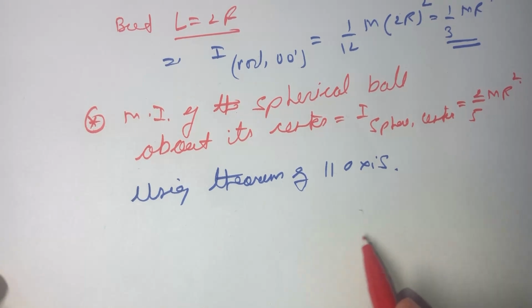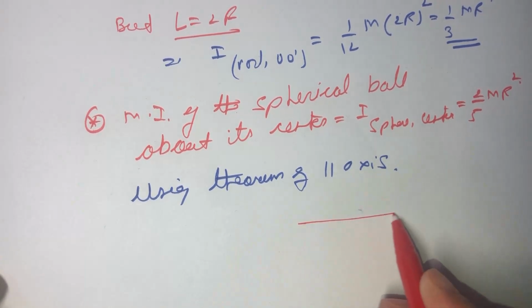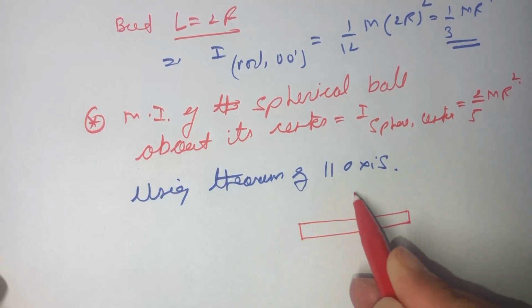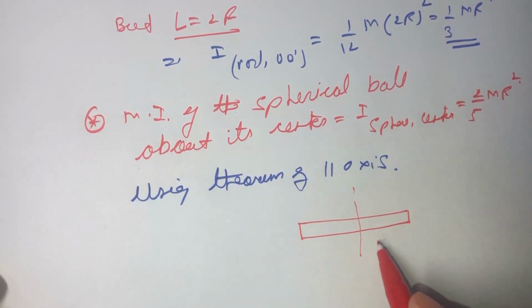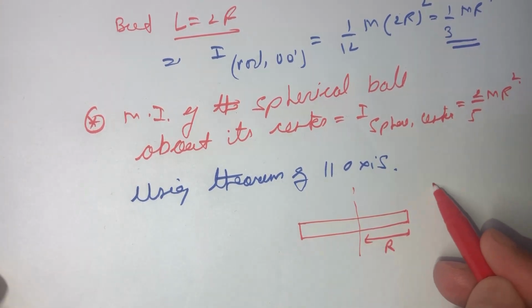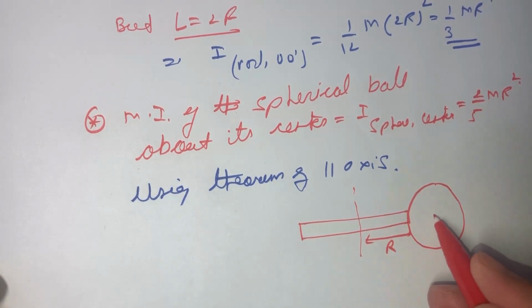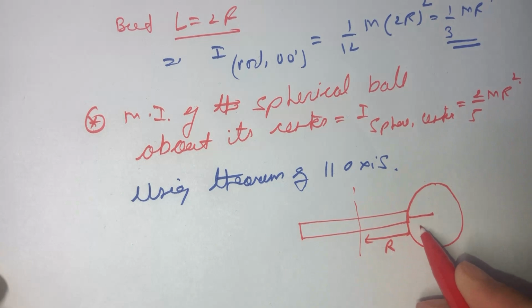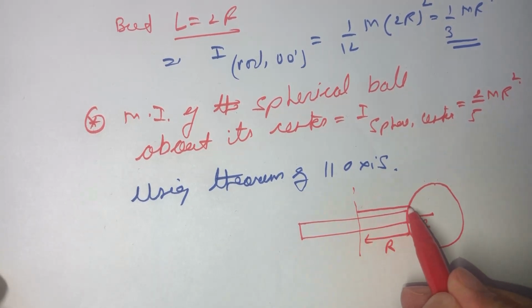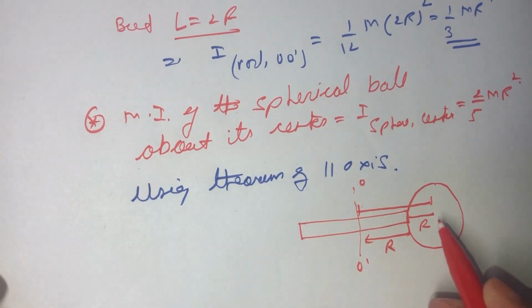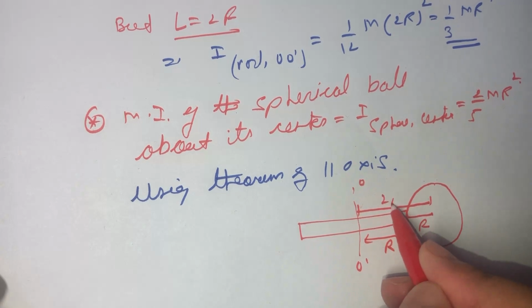So this is our rod, length is 2r, so this distance will be r, and we have sphere whose radius is also r, so this is also r. So the total distance between the axis OO prime and the center of the sphere is 2r.